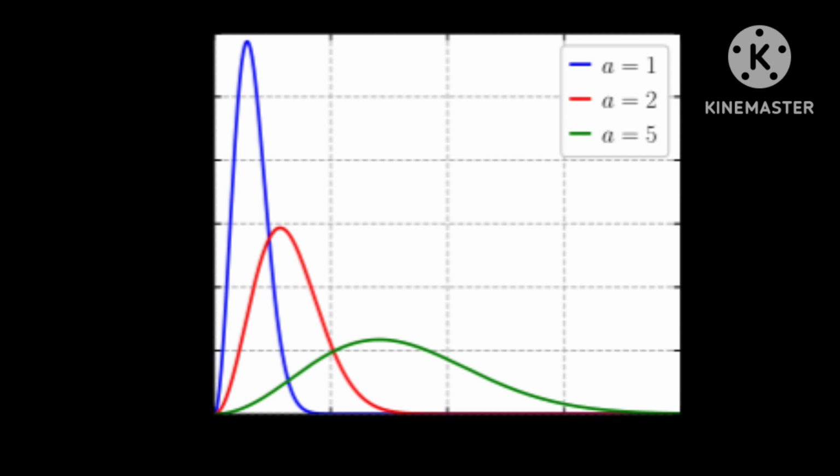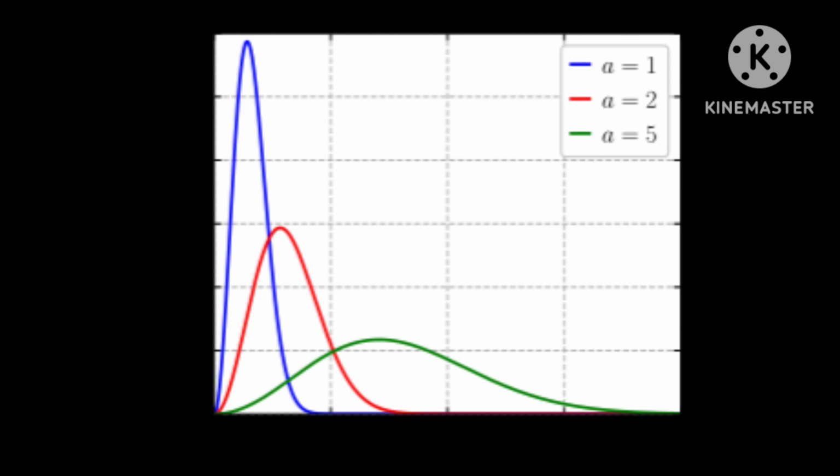Now, what are these molecules? The maximum fraction, suppose 60, have maximum energy. That fraction of molecules having maximum speed is called most probable velocity.